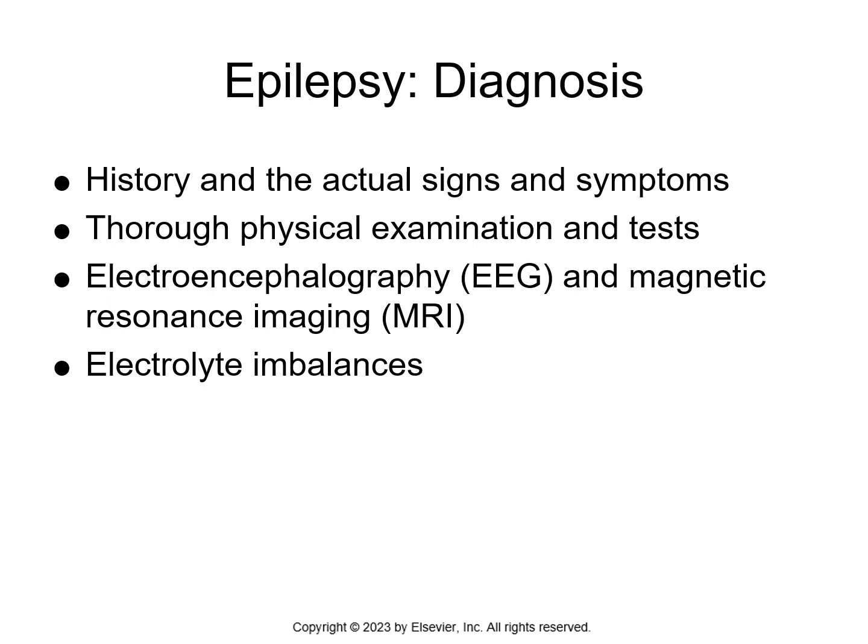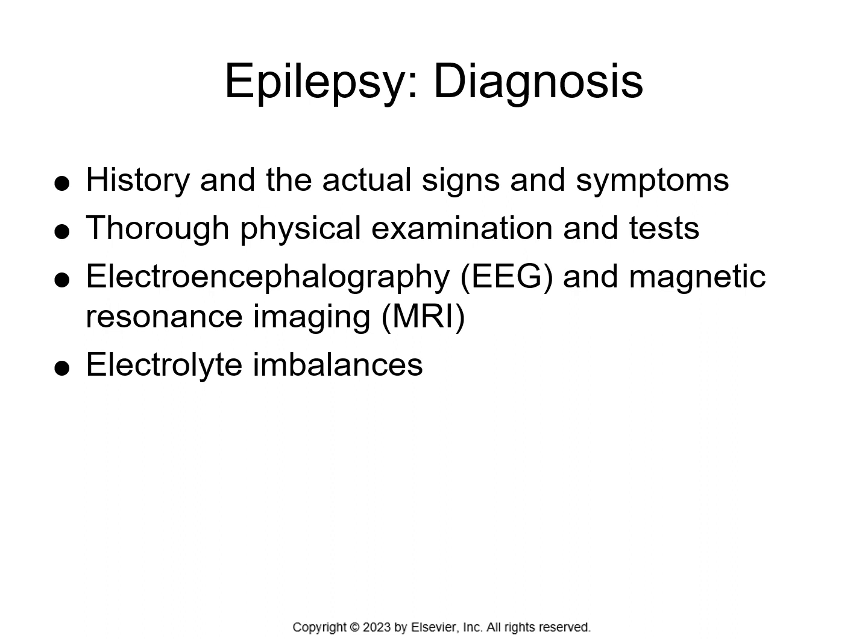When diagnosing epilepsy, we need a history of their seizures, what they're doing. Somebody needs to have witnessed these seizures, actual signs and symptoms that have been seen. They'll do a physical exam, of course, a physician, and different tests. These tests can include an EEG, which is looking at brain activity, and magnetic resonance imaging, our MRIs.